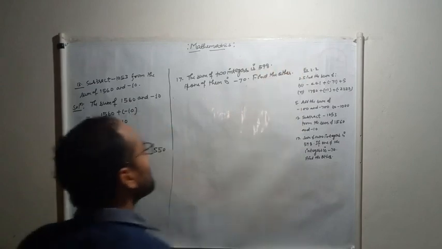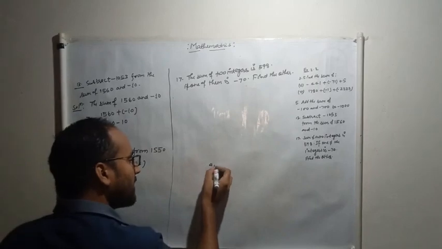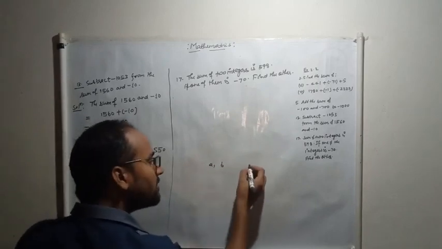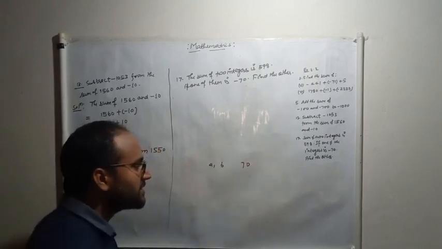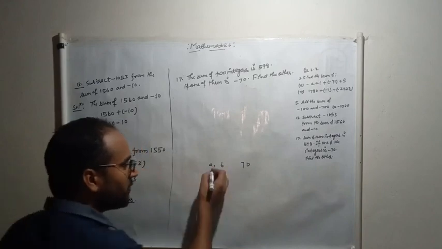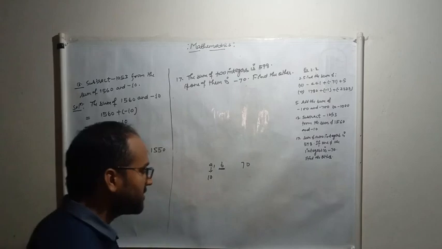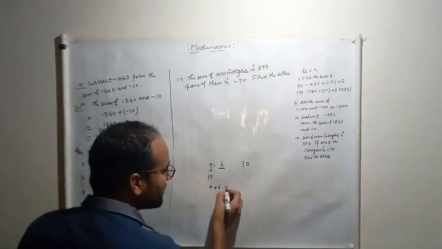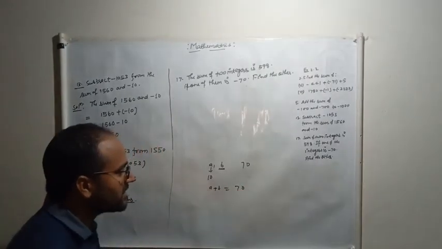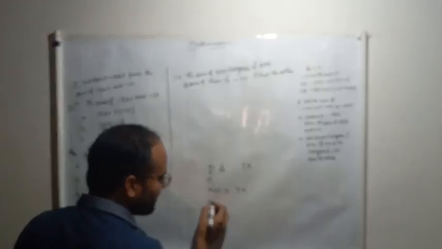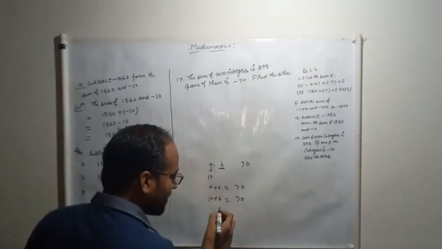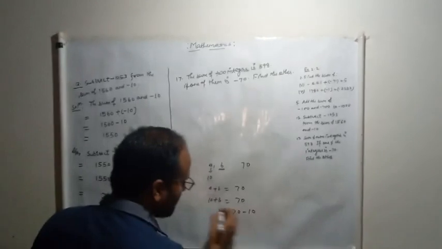Before solving this one, I'll show you one example. Suppose I have the two integers a and b. Their sum is 70, and if one is given as 10, find the other. How will you find it? According to that, the sum of these two integers is equal to 70. If a is given as 10, then 10 plus b is equal to 70, or b is equal to 70 minus the first one.